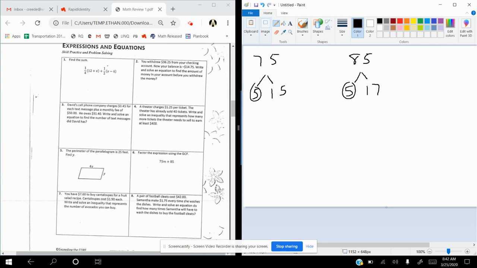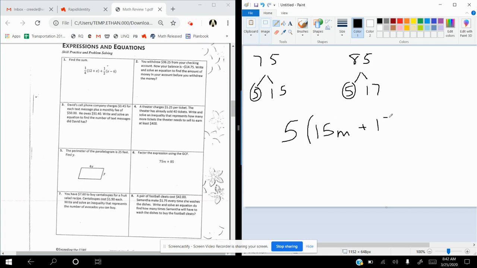So it's going to look like we're going to have 5 on the outside, looks like a coefficient here. And then we're just going to put inside what we have left. So we got 15m, because 5 times 15 is 75, plus, and then 5 times 17 is 85.